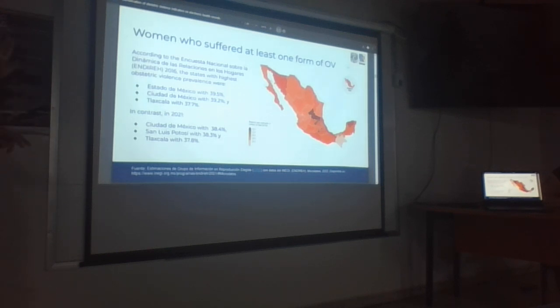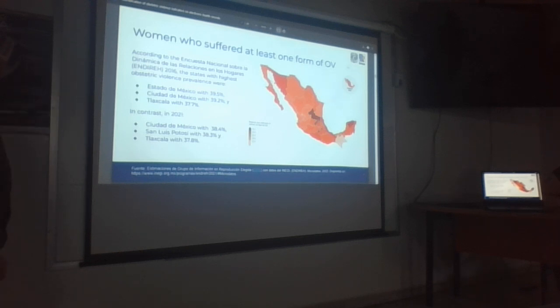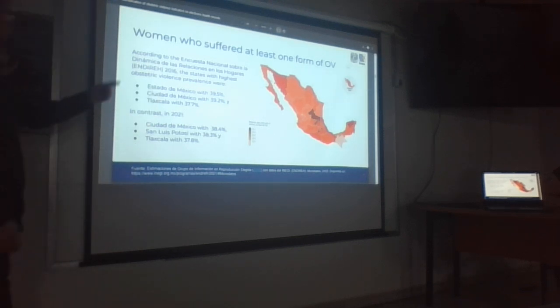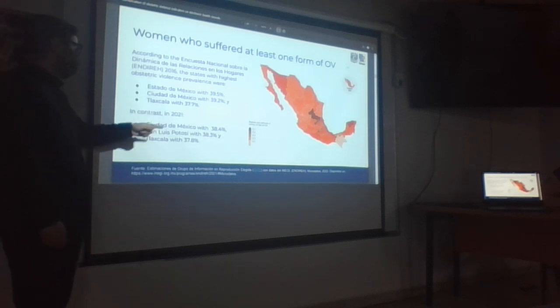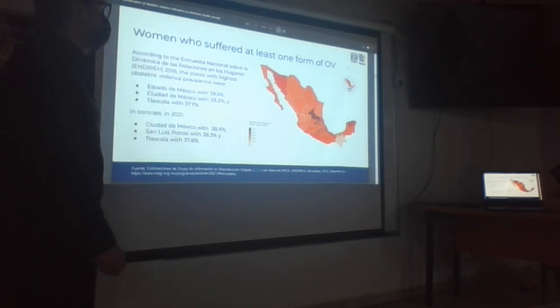And this is a map of Mexico and the states in which this mistreatment of women occurred. In 2016 it was Estado de Mexico, 39.5%, Mexico City, and Tlaxcala. And in the last survey, in 2021, it also repeated Mexico City and Tlaxcala, and San Luis Potosí, another state. And you can see the colors in the map.